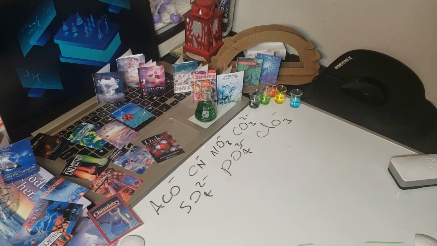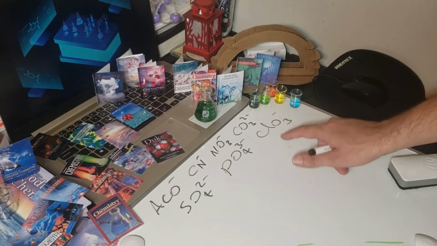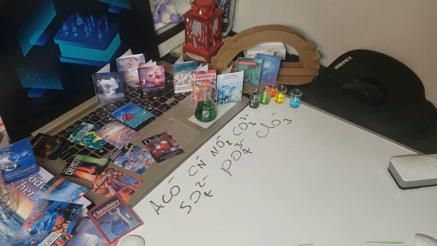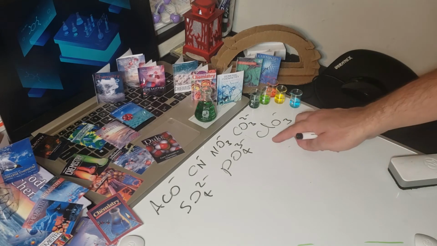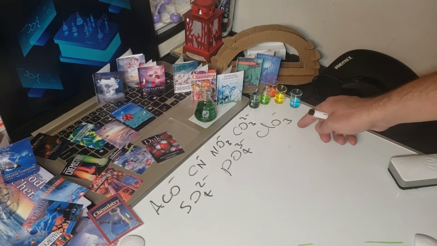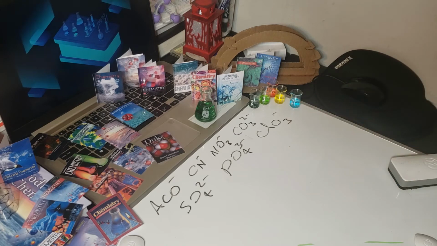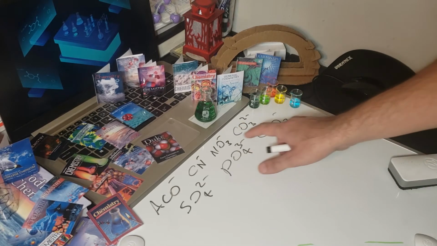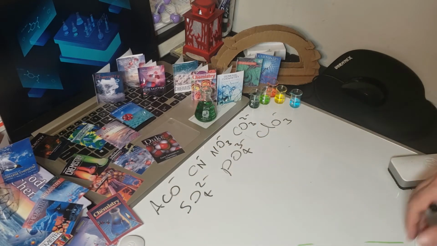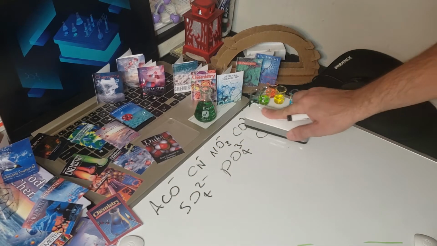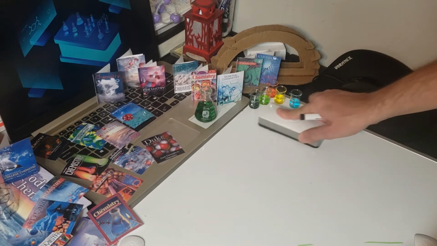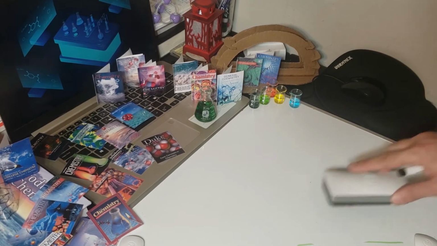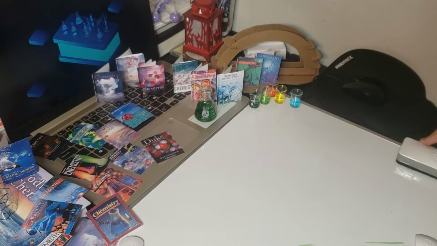For this one, if you do it with chlorine, bromine, or iodine, the first part of the name would just change. So this would be a chlorate, a BrO3 minus would be a bromate, and an IO3 minus would be an iodate. So just the first part changes. 1, 2, 3, 4, 5, 6, 7. With these 7, you know all those anions that we talked about, and how you add protons to get different kinds of hydrogen phosphate, or hydrogen sulfate, or bicarbonate, or bisulfate, or those kinds of things.